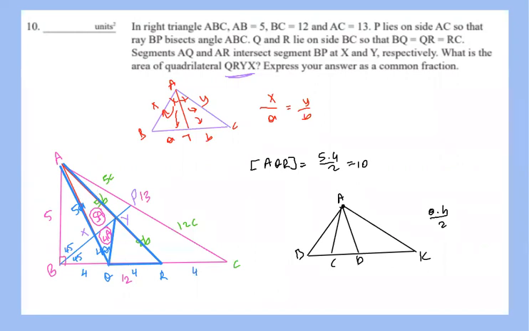So the base ratio, which is 8 to 5, will be the area of this guy to the area of this guy. So let me write that part. The 5 over 8 has to be equal to, again, this is 5, this is 8, the area of these two together, which is 9A, divided by the area of QRY.